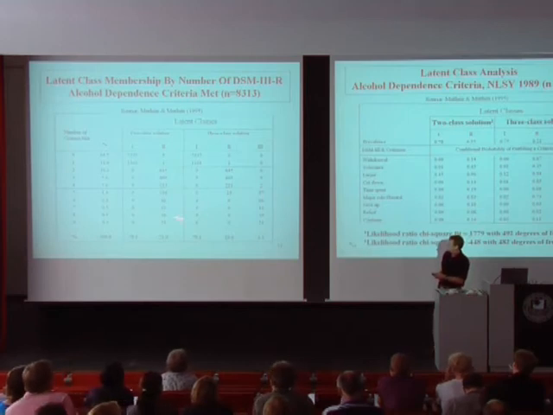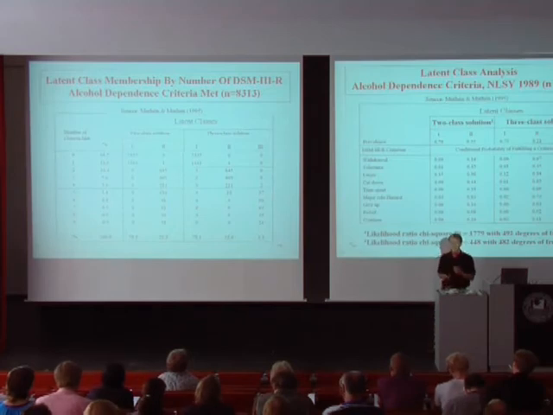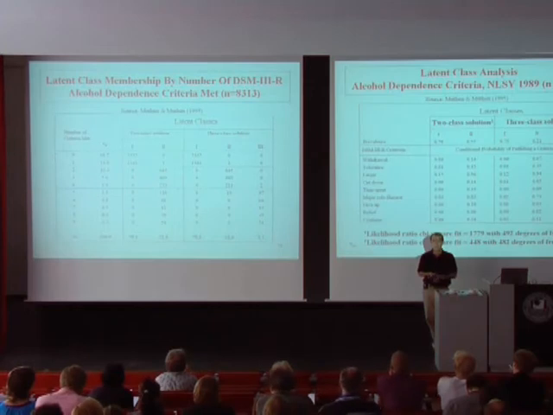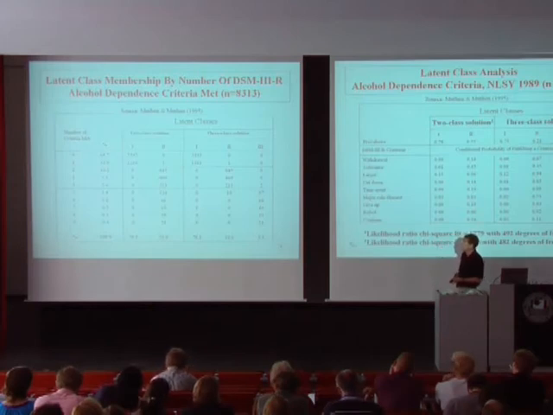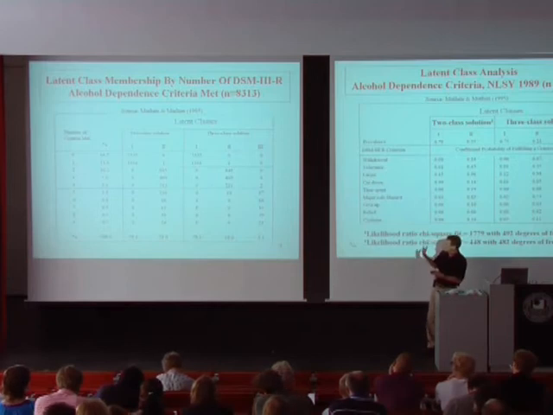And this analysis that Linda talks about suggests 5 or more in this case. So it's a way of using latent class analysis to validate any decision on number of criteria fulfilled that they would like to use. So this would support 5 or more instead of, say, 6 or more or 4 or more.